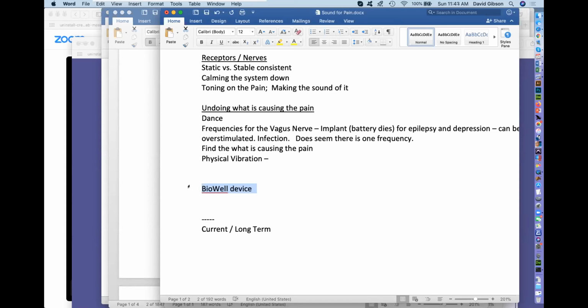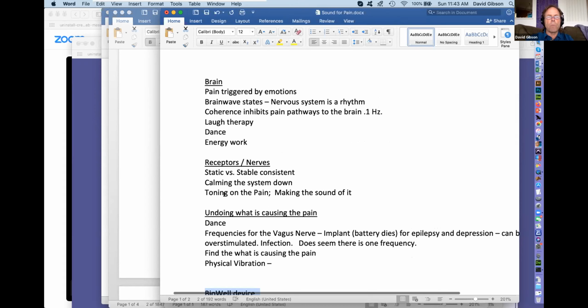Now, I don't know if anyone's actually been using one of those devices to test the frequencies and see a before and an after. It's interesting when I'm thinking about it, because where I'm headed with this, and then we can continue with more of this, is to figure out 5, maybe 10 things in the body that are the actual cause of the pain.